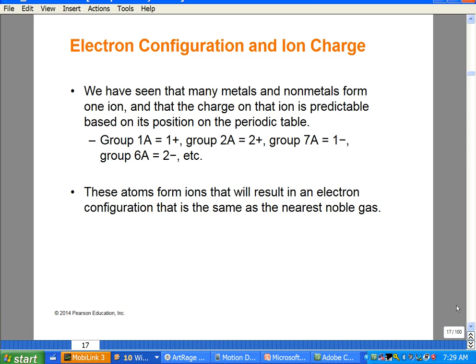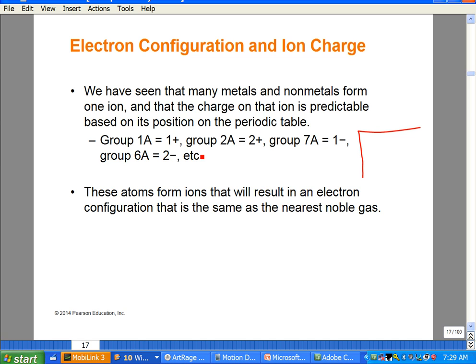But before we do, let us redefine what ions are and remind ourselves how we write electron configurations for ions. So, based on the position on the periodic table, we can pretty much predict what ions will form for the S block and the P block elements.